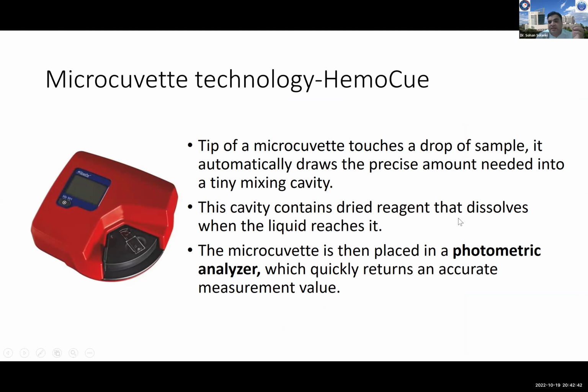It has some reagent that dissolves when the blood reaches the cuvette, and then it uses a photometric analyzer, and it will give you a value of the hemoglobin.